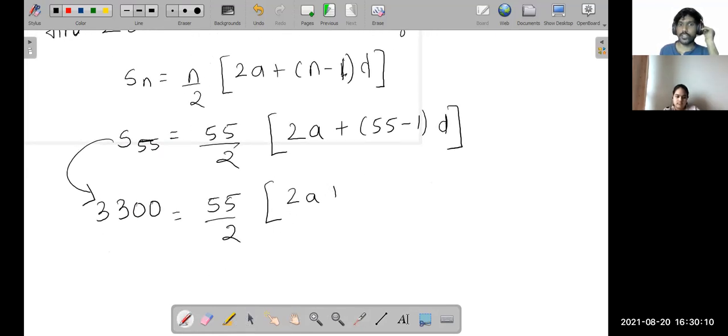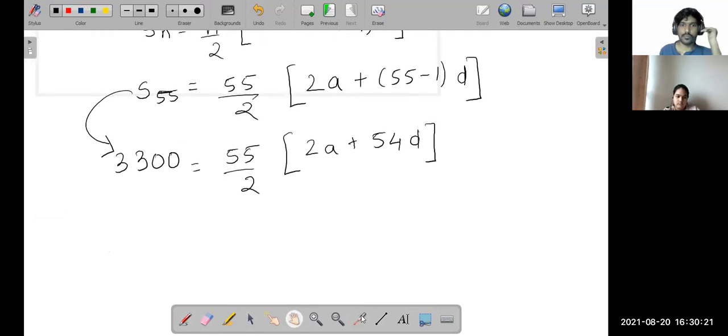So this is 2a plus 55 minus 1, 54. So 54d. Okay. Now this 2, you can take it this side, because it is in the denominator. So it's like you're doing cross multiplication. Or what you can do, the easy way, is to multiply this entire fraction inside the bracket.